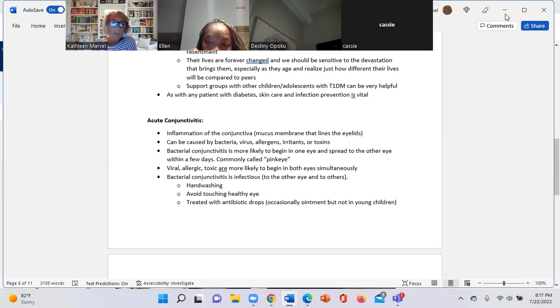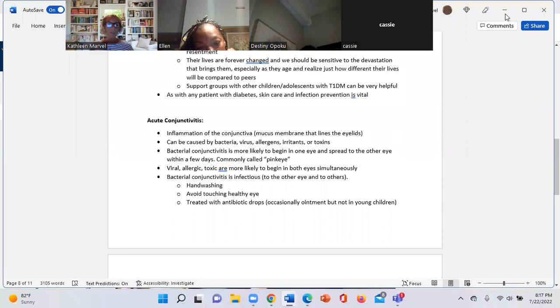So what is acute conjunctivitis or pink eye? Inflammation of the conjunctiva, your mucous membranes in your eyelids. It can be bacterial, viral, or from allergens, irritants or toxins.